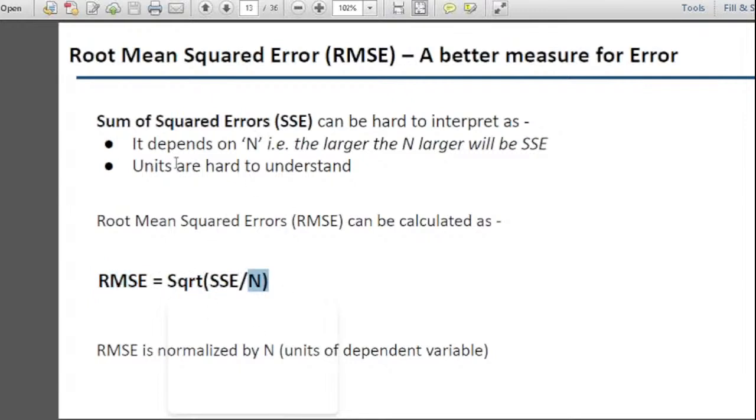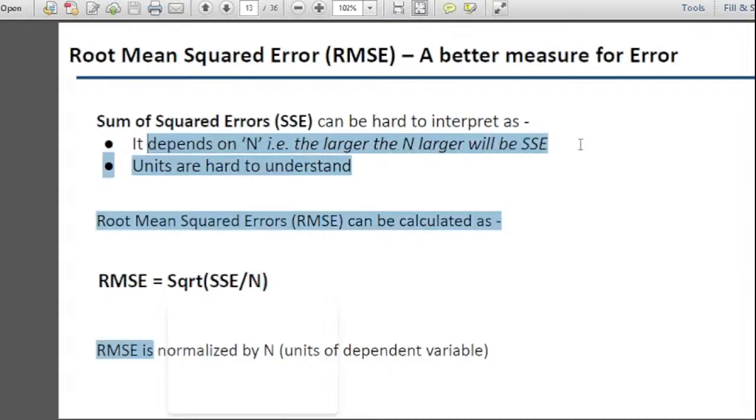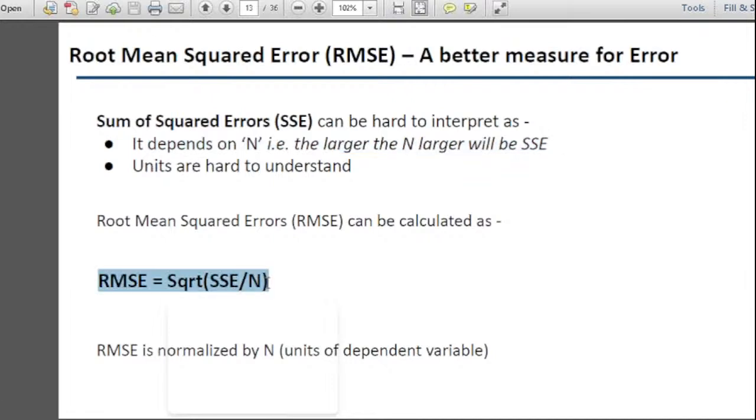So one, I am normalizing the impact of n, and second, I am also normalizing the impact of square that I have done, right? Clear? Root mean squared error. I have normalized it and brought it to the level of y. Root mean square error is clear. That is why it is considered as a better measure, because we have normalized it.